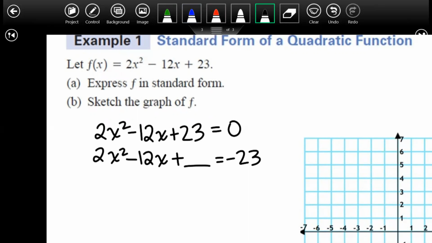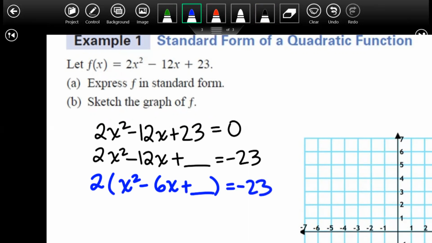We got to complete the square. First thing we got to be able to do is pull out the GCF. Greatest common factor of this is going to be 2, minus 6x plus something is equal to negative 23. How do I find the completing the square term?